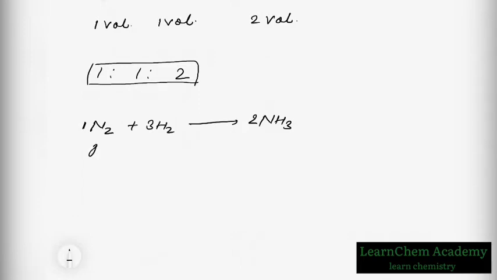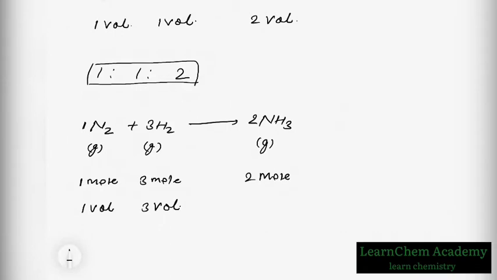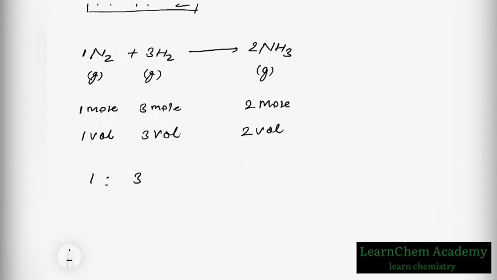Okay, so nitrogen is in gaseous state, hydrogen is also gaseous, and their product is also gaseous. So we can write 1 mole reacts with 3 moles of hydrogen and forms 2 moles of ammonia, or we can write 1 volume of nitrogen reacts with thrice the volume of hydrogen and forms twice the volume of ammonia. So their simple ratio will be 1:3:2. So this is the simple ratio.